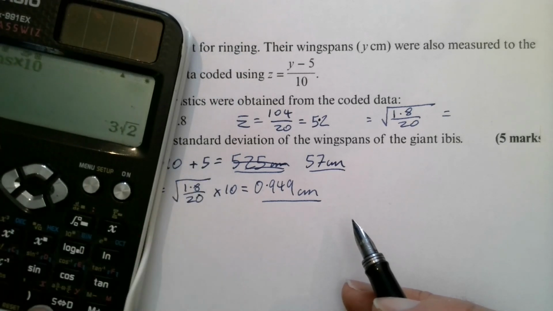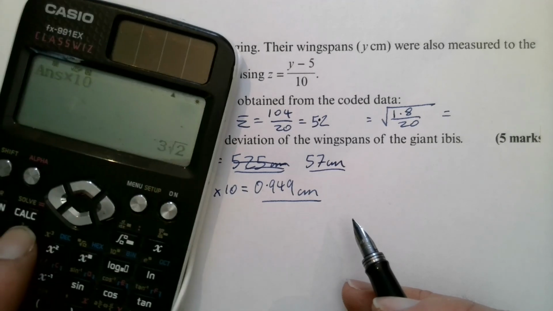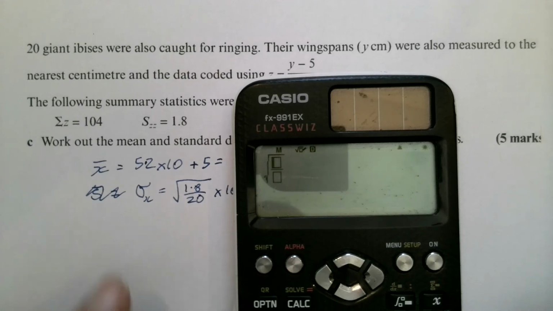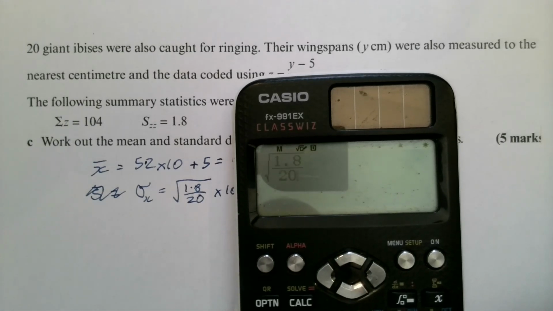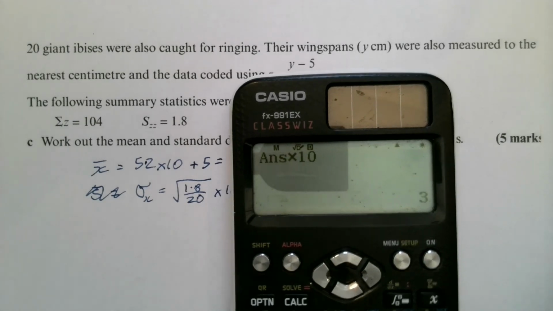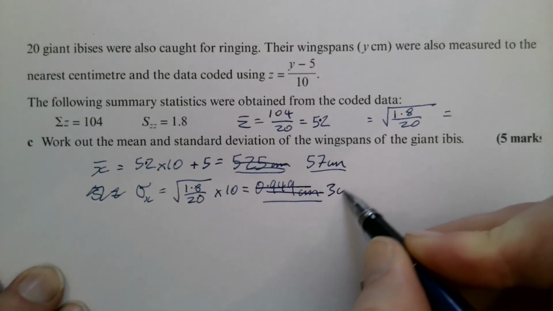Oh, that's because I put the wrong number in there. Start again. So never rush, folks. I'm rushing. That's my problem. 1.8 over 20 equals 3/10 times 10, and you do get 3. So I should have had 3 centimeters there.